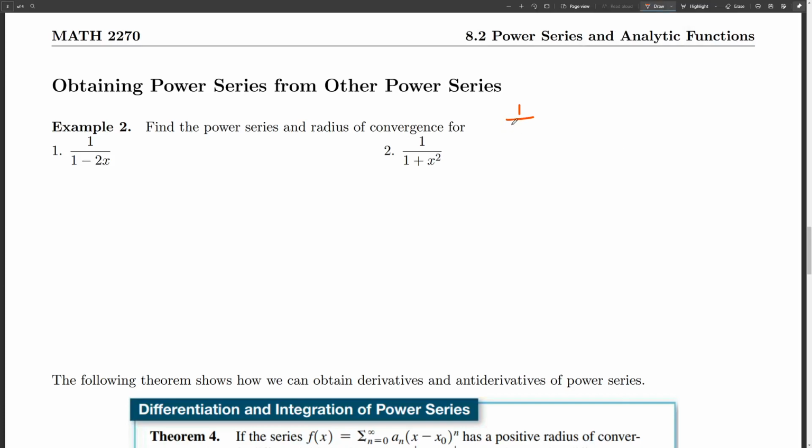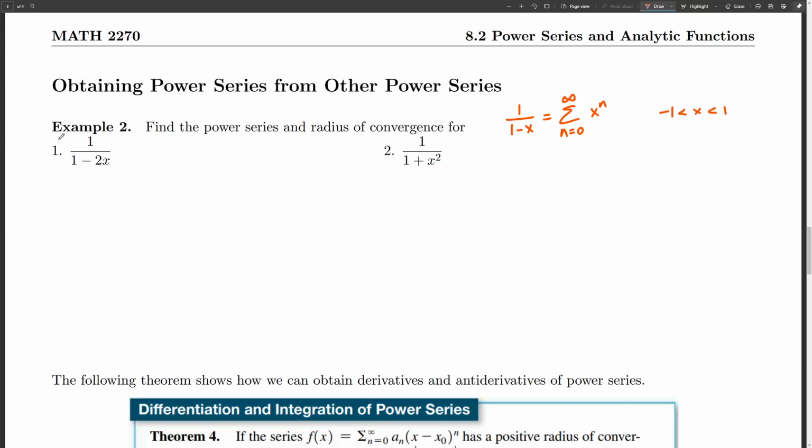We had 1 over 1 minus x. We could write that as a power series as follows: the sum from n equals 0 to infinity of x to the power n, and the interval of convergence was negative 1 less than x less than 1.